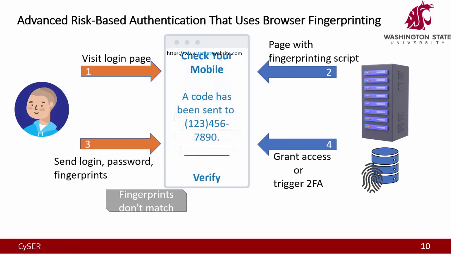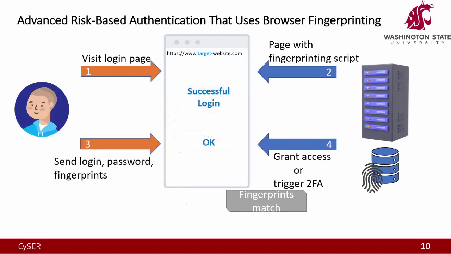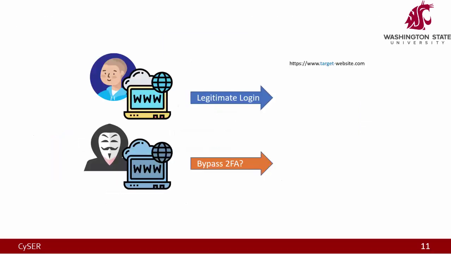If the fingerprints do not match, there is a 2FA challenge, so the user needs to input the verification code. But if the two fingerprints match, the 2FA challenge is skipped. This is what we call risk-based authentication. They calculate the risk, and depending on the risk, they decide whether or not to present the 2FA challenge.